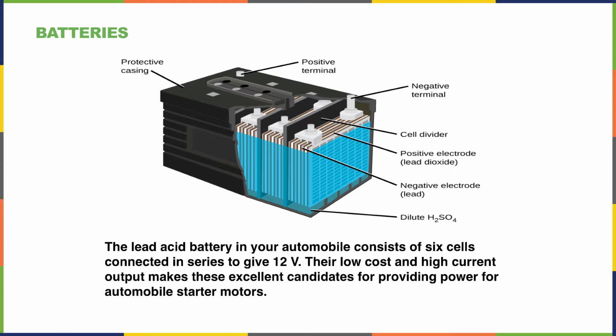They're used because they're very low cost and they put out a huge amount of current, sometimes as much as 400 to 800 amps. They're not very practical for some things because they're large and heavy, but because they're being used in cars or boats, their size and heaviness is not prohibitive. And this provides the power to start engines.